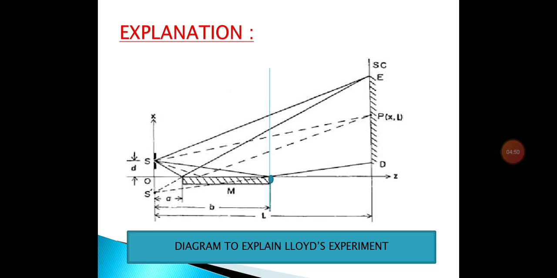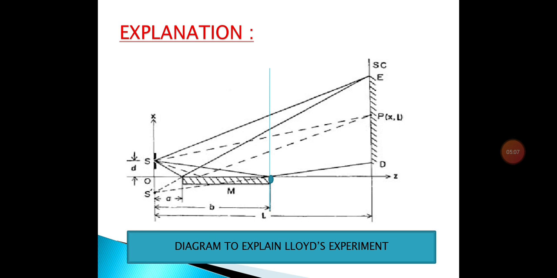In this case, you will obtain the central fringe on the screen where I have represented the blue dot. This central fringe on the screen will be found to be dark instead of the bright central fringe.